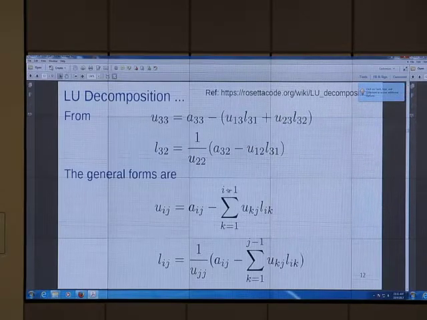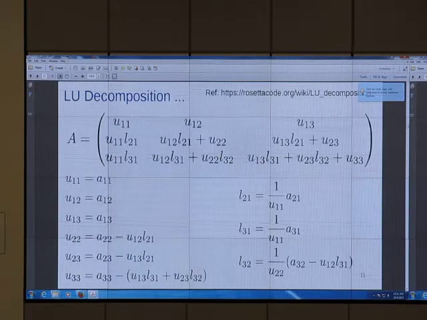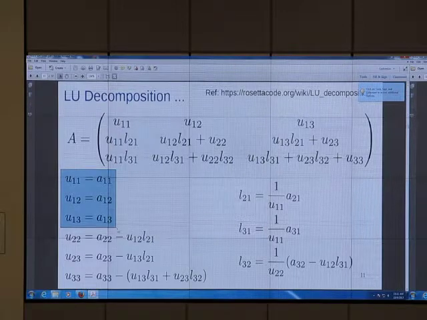How do we solve it? Alright, so this thing, I don't have to worry about it, right? It's straightforward. We get the solution directly. Next step, U22 equal to A22 minus U12 L21.